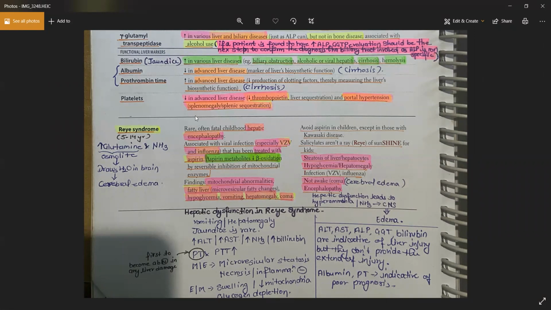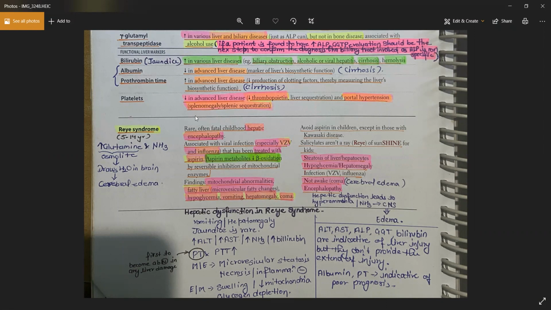See, whenever you give the aspirin to a child less than 14 years of age, in that case, what's gonna happen? The beta oxidation is inhibited because the aspirin metabolites are beta oxidation inhibitors. And now because of beta oxidation being inhibited, every fat which is coming to your liver for the metabolism, for the conversion into the ketones or other things, right, will start accumulating within the liver, right?